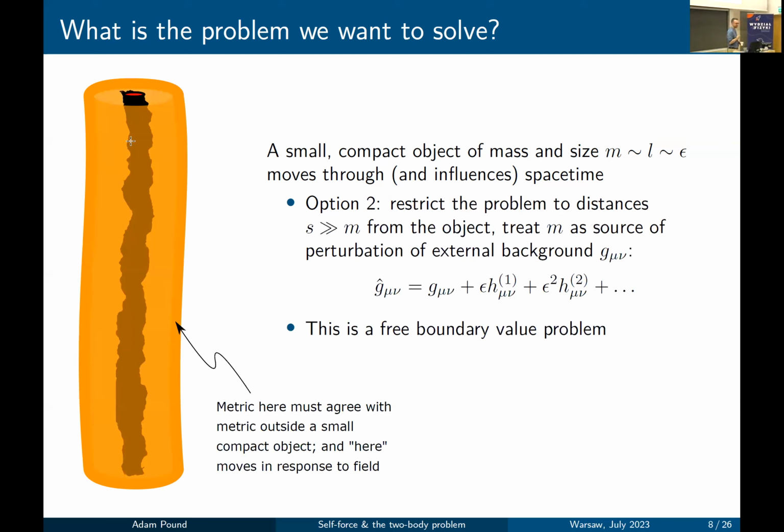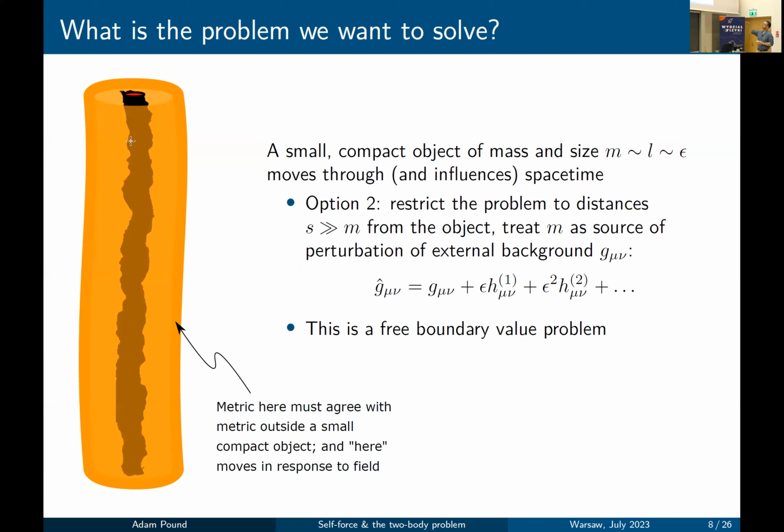Here's another option. Say, okay, I don't care too much about the fine details right where the body is. What I care about is how it's moving in the external space-time and what are the gravitational waves that come out. So you could say, okay, let's restrict the problem to large distances compared to the size of the small body itself. Those distances can still be very small compared to external length scales, but just big compared to the body.